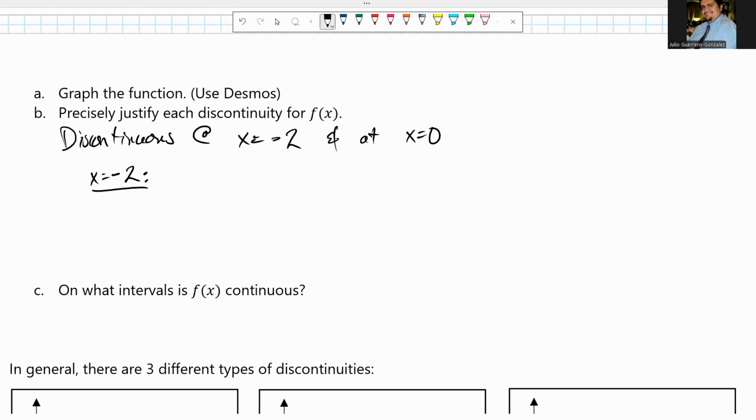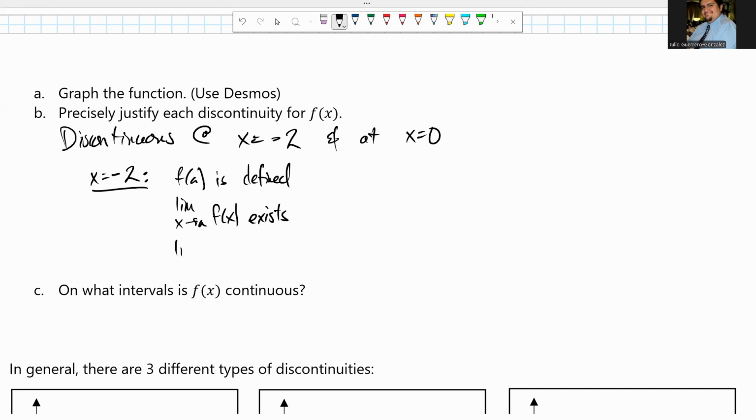Okay, so the three that we have are this. One, f(a) is defined. Two, the limit as x approaches a of f(x) exists.